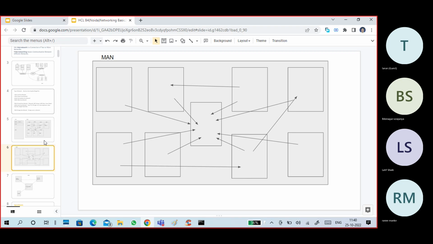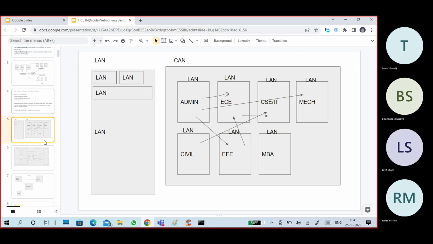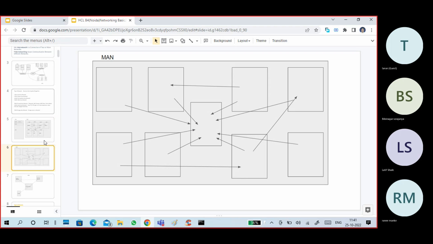Minor means smaller metropolitan or cosmopolitan cities like Hyderabad, Bangalore, Pune, Nagpur, Gandhinagar, Ahmedabad in Gujarat.